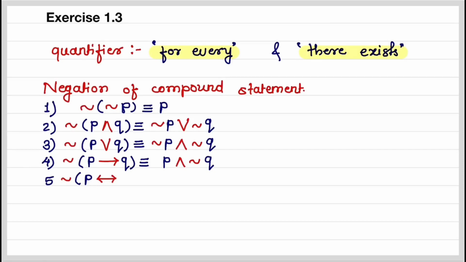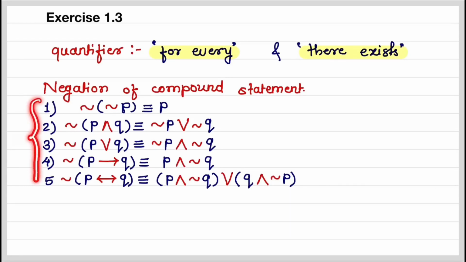As P double implies Q is a conjunction of two implications, therefore its negation is a disjunction of two negations, that is, (P and negation of Q) or (Q and negation of P). These are the formulas for negation.